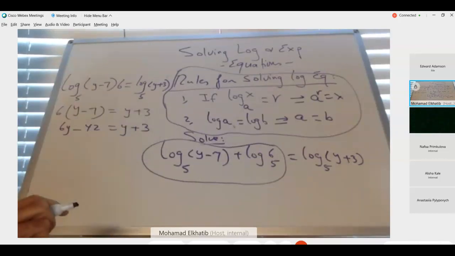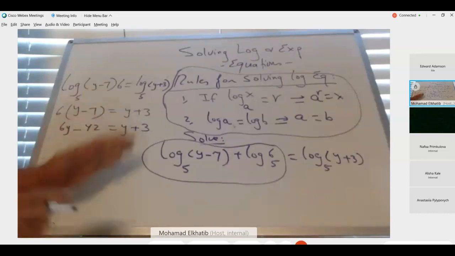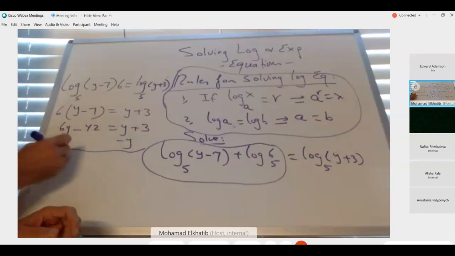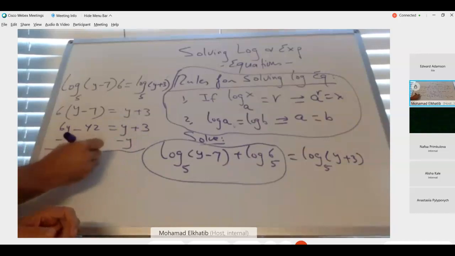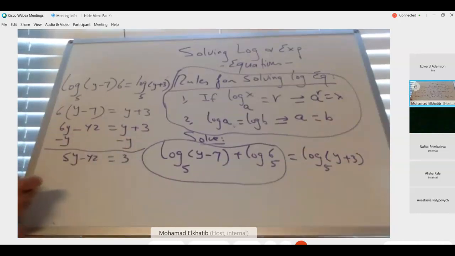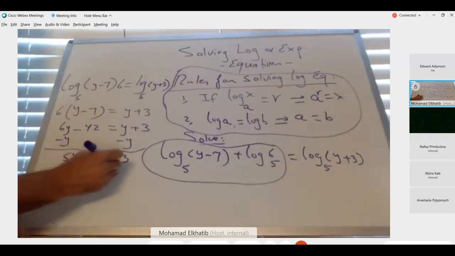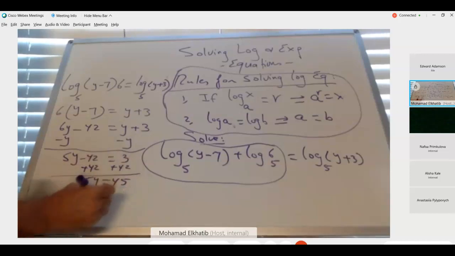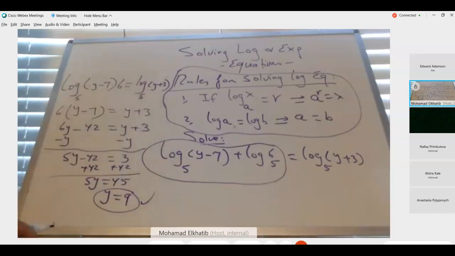So I'll have 6y minus 42 equals y plus 3. How do I solve the equation if I have variables on both sides? I get 5y minus 42 equals 3. I add 42 to both sides. 5y is 45. When I divide both sides by 5, I get my answer, 9. Okay?